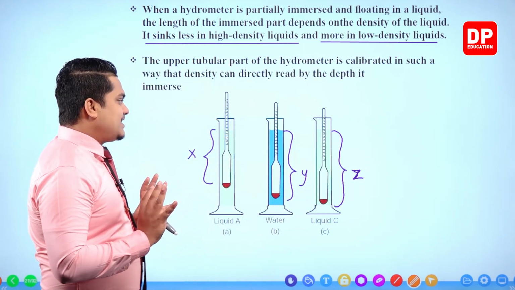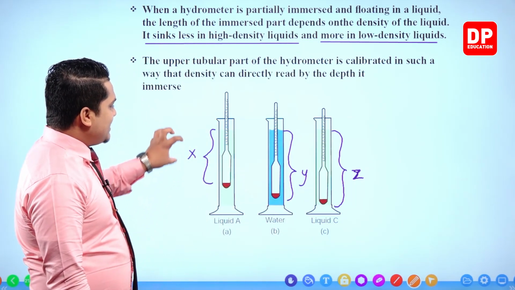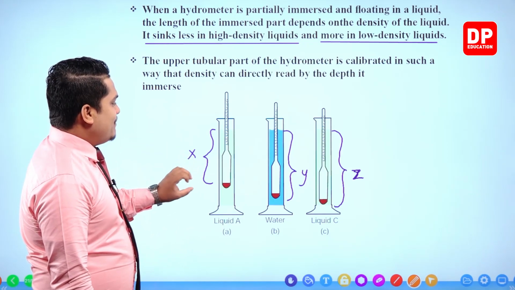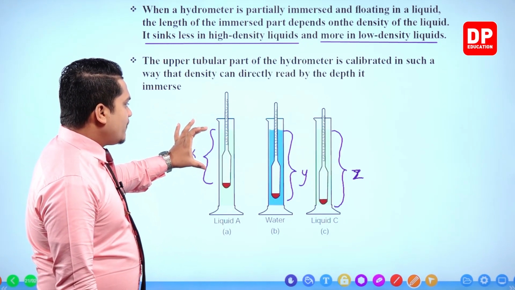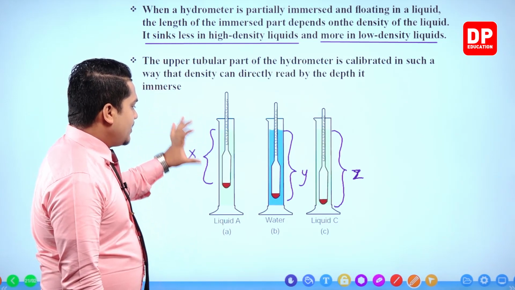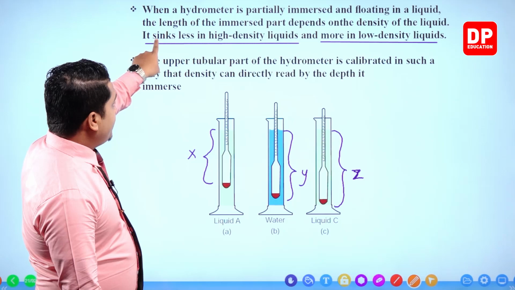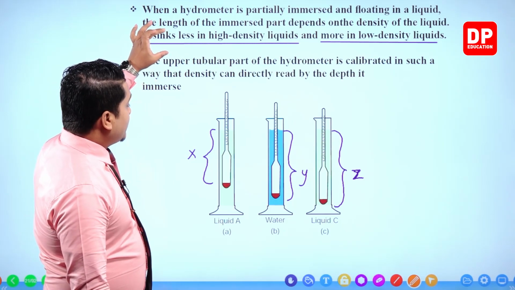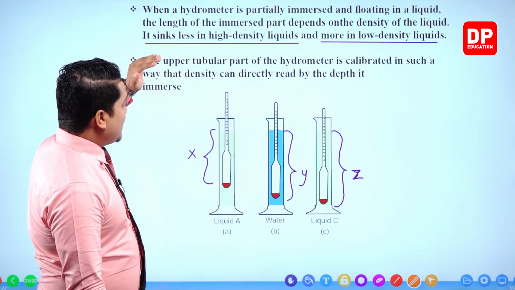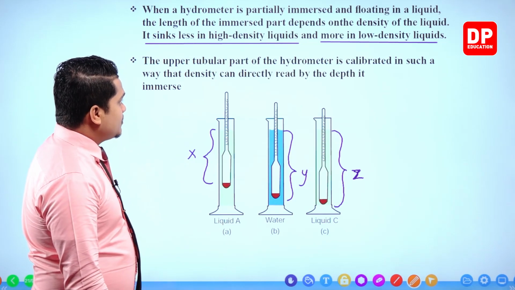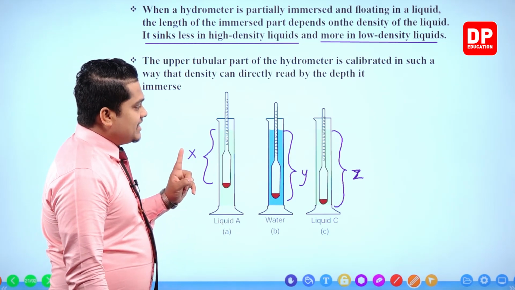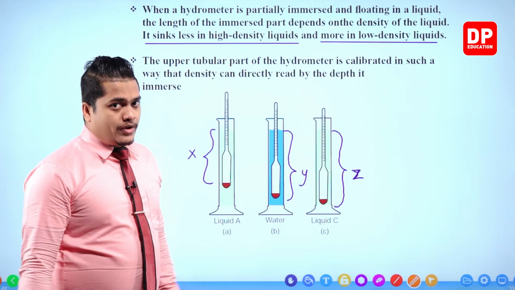So the highest density can be observed in liquid A because less amount of hydrometer is sunk in the liquid. Once again, if the density is high, then less part is going to sink. If the density is low, more part is going to sink.